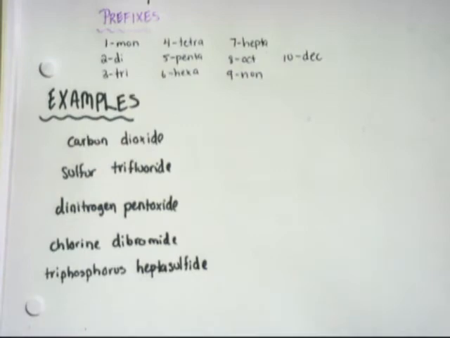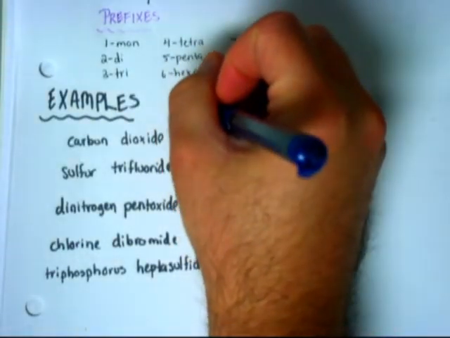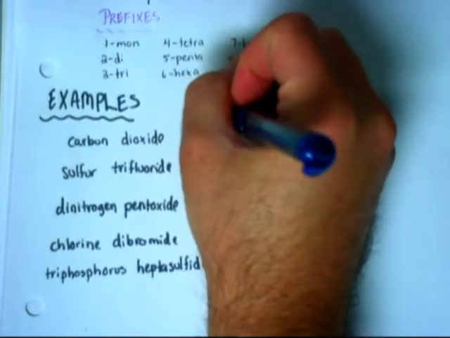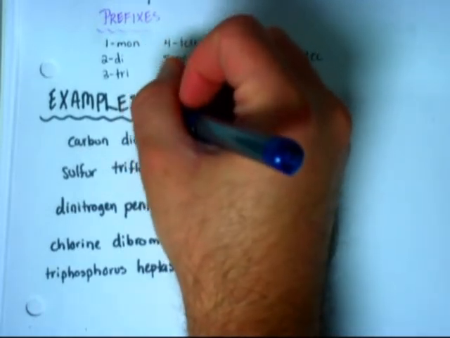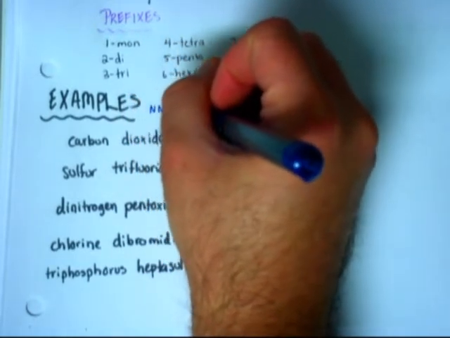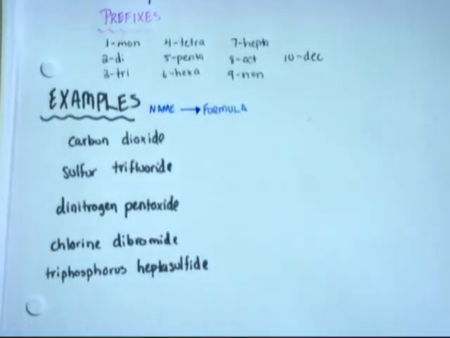If you'll write down these examples, I'm giving you the name in this case, and I'm going to ask you to write out the formula. So in this case, you're going from the name to the formula. And remember, we're going to use our prefixes to help us out with this.